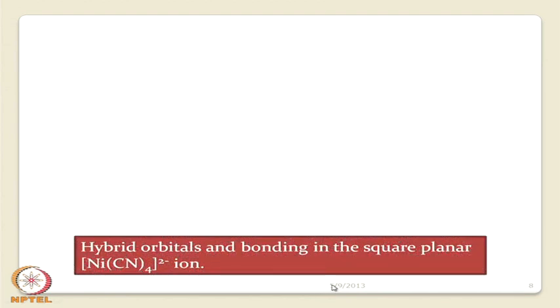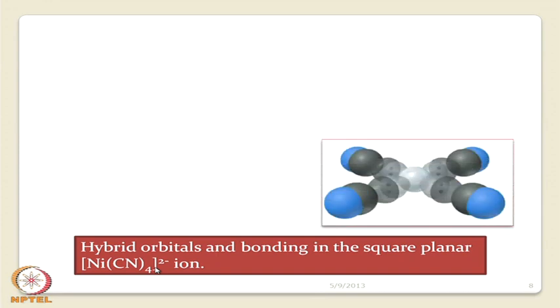So this we have just seen, the tetracyanonickelate hybrid orbitals and the bonding in the square planar geometry. So if we have the corresponding square planar geometry for tetracyanonickelate, and the square plane is like this, we have one orbital here, one orbital, and the other orbital on this side. So they basically give rise to the tetracyanonickelate species formation.